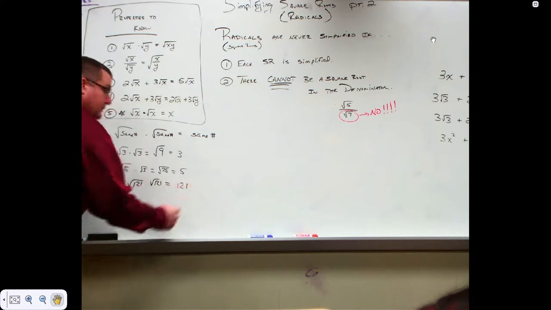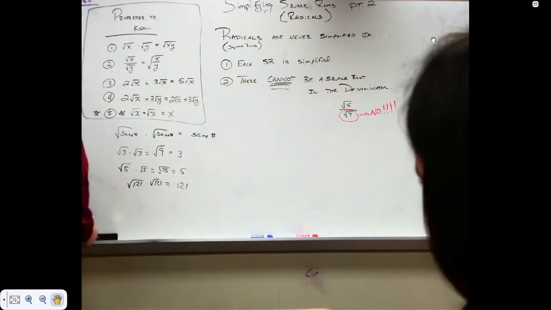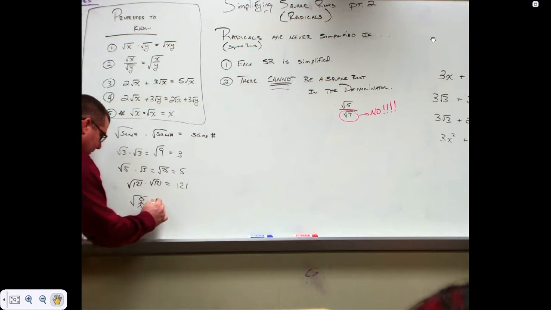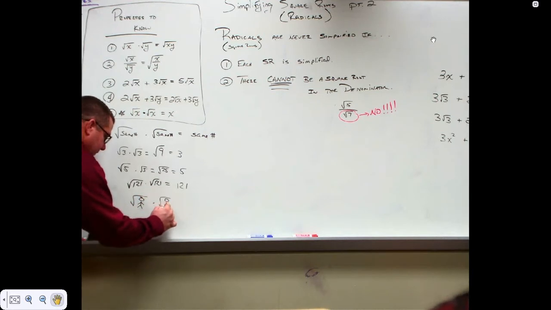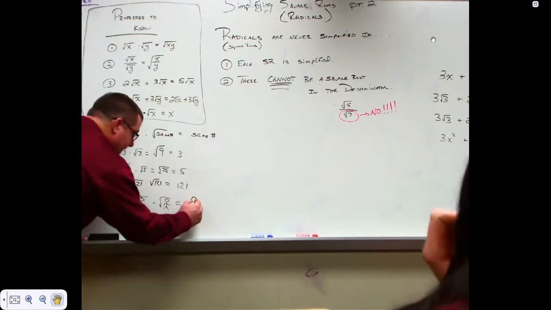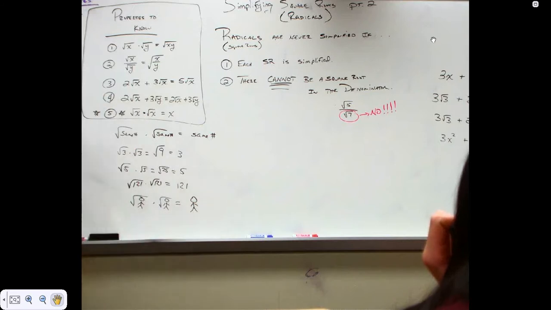The answer is 11. The square root of stick-faced man times the square root of stick-faced man equals, can you guys guess? Stick-faced man without a radical.